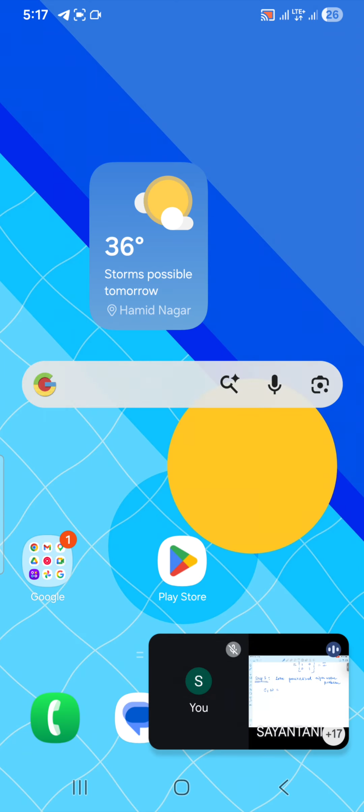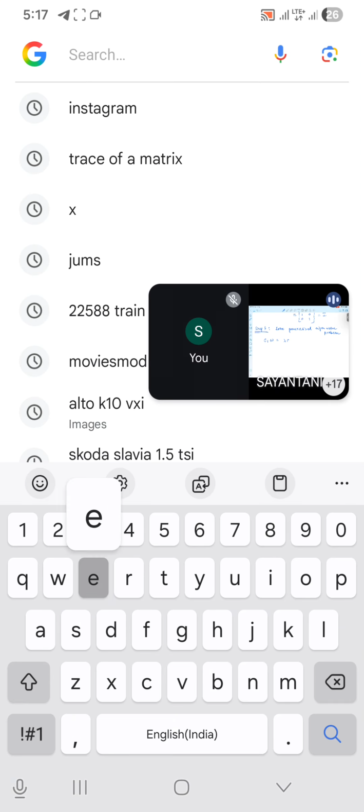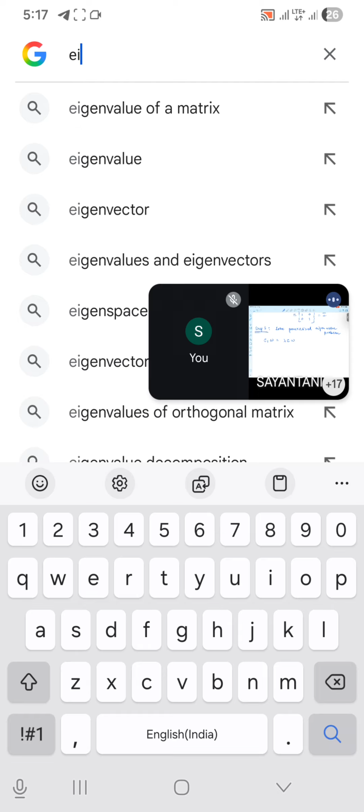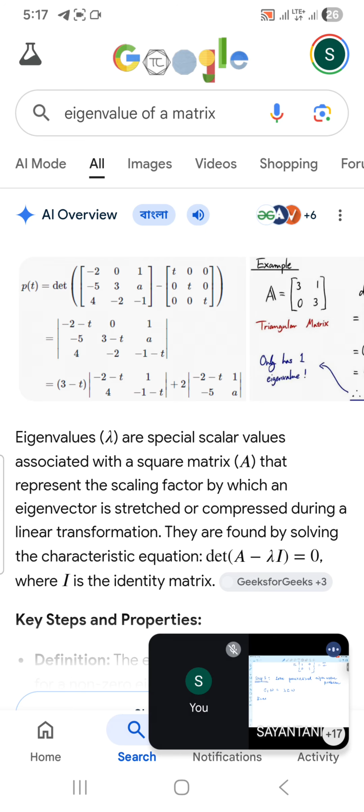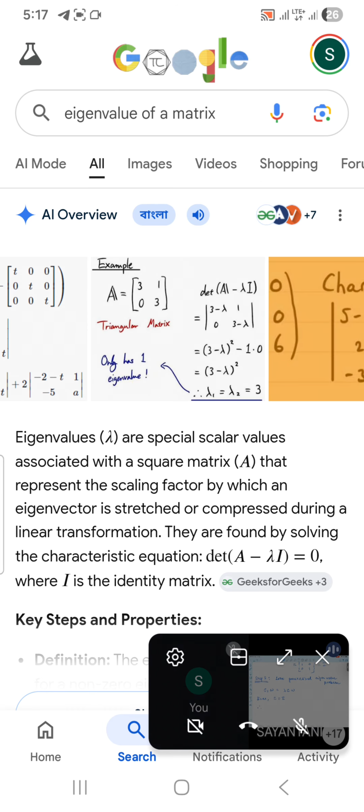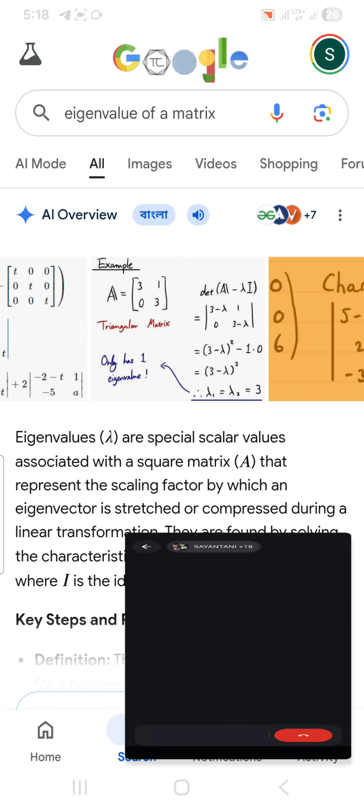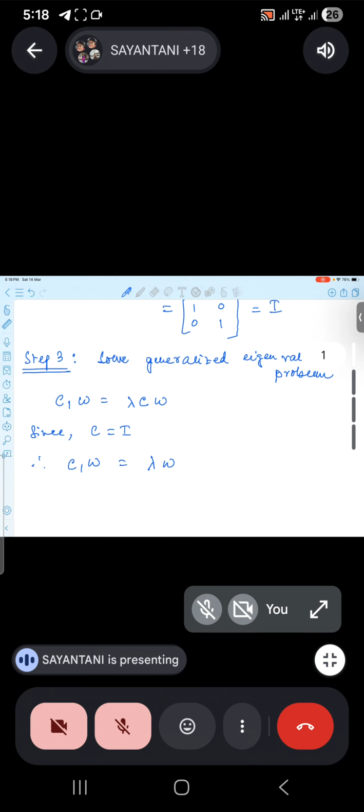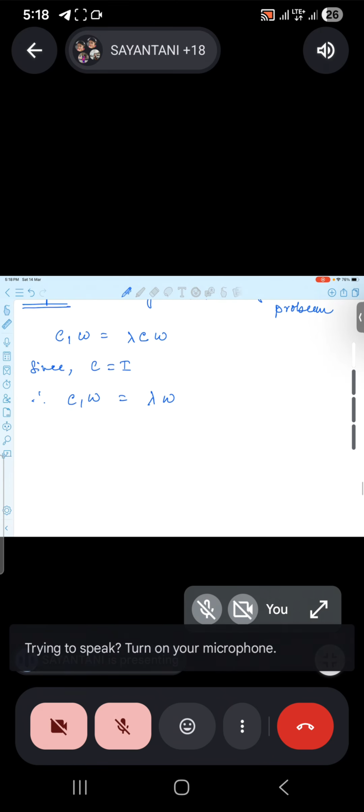It is defined as C1W is equal to lambda of this composite thing. Now since we already know C equal to I, which we found out, so C1W is equal to lambda W. So W is basically your spatial filters which you ultimately have to compute, right? That will help me to identify which data set has more variance. Okay. So now we move on to step 4.